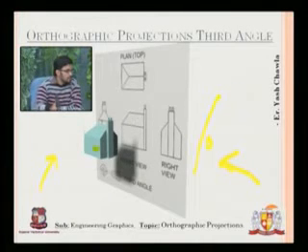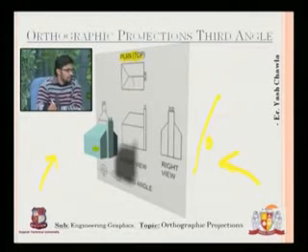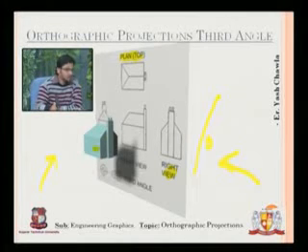Now this is the top view, which is above the front view, and the right view is on the right hand side. This is the right view, and this is the left view, which is hidden behind this object, and this is the front view of this object.